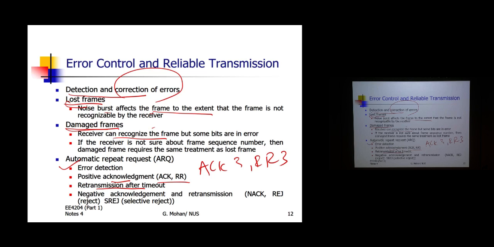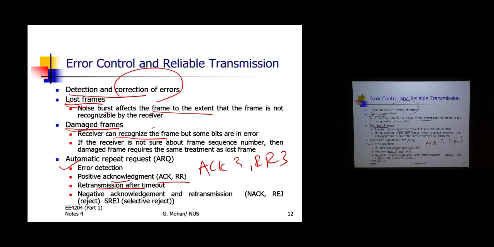Okay, A sends a frame, and there are some errors. So B sends a negative acknowledgement to A that something is missing or something is rejected. Now the question is, if that negative acknowledgement is not received by the other party, what happens?